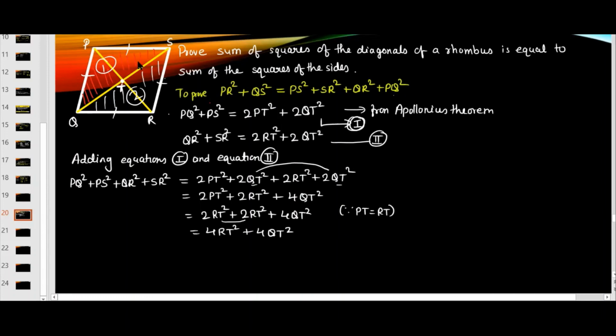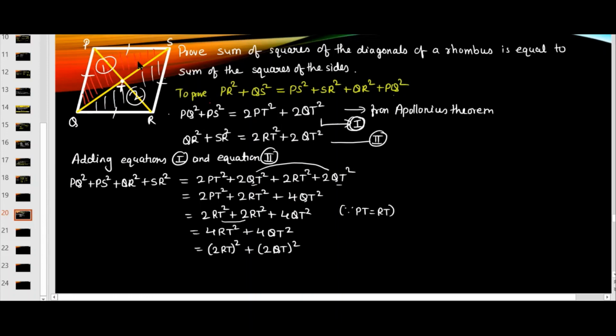Since 4 is a square number, I can write 4RT square as 2RT whole square, because 2 square is 4. Similarly, I can write 4QT square as 2QT whole square. What is this 2RT?